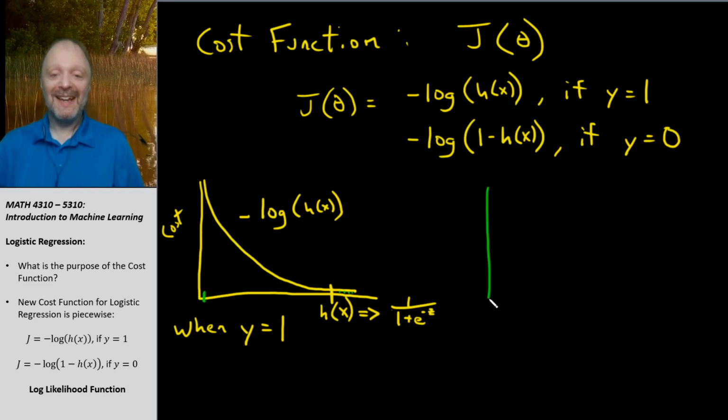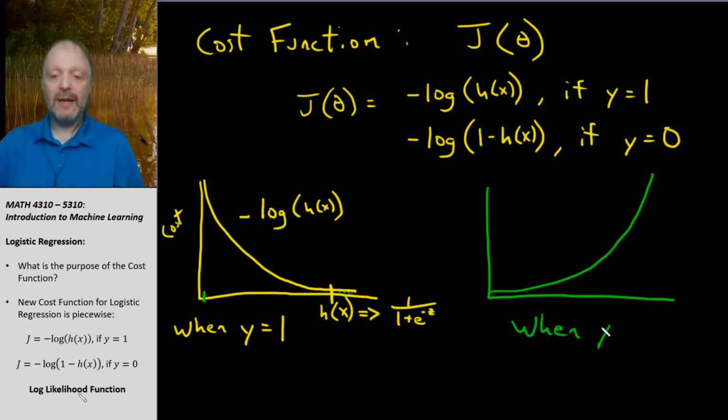Gonna drive me crazy. Now let's look at this one. Alrighty, this one looks like this, and this is when y equals 0. Let's say that my sigmoid output is somewhere in here.